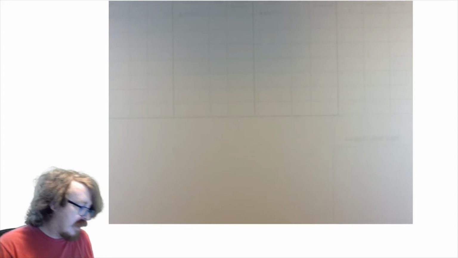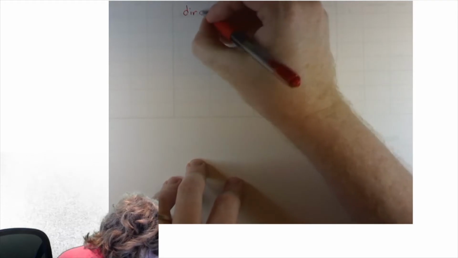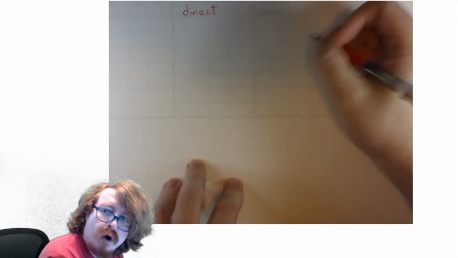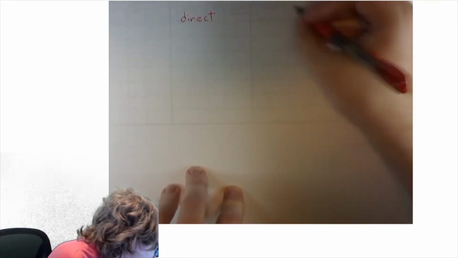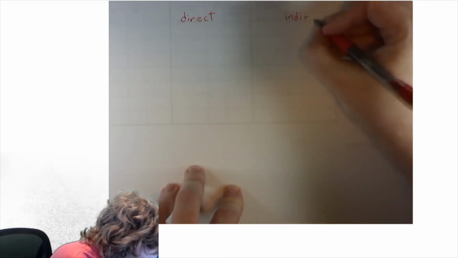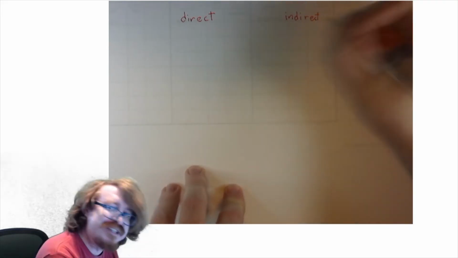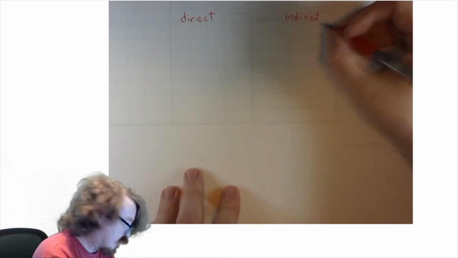So again, we're going to have one list called the direct list and one list called the indirect list. Indirect. We'll pretend that I write like a normal human being.